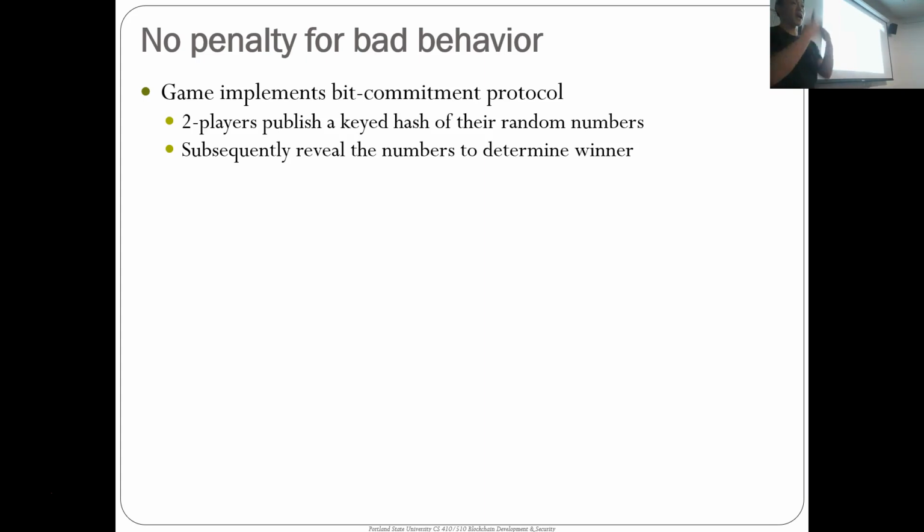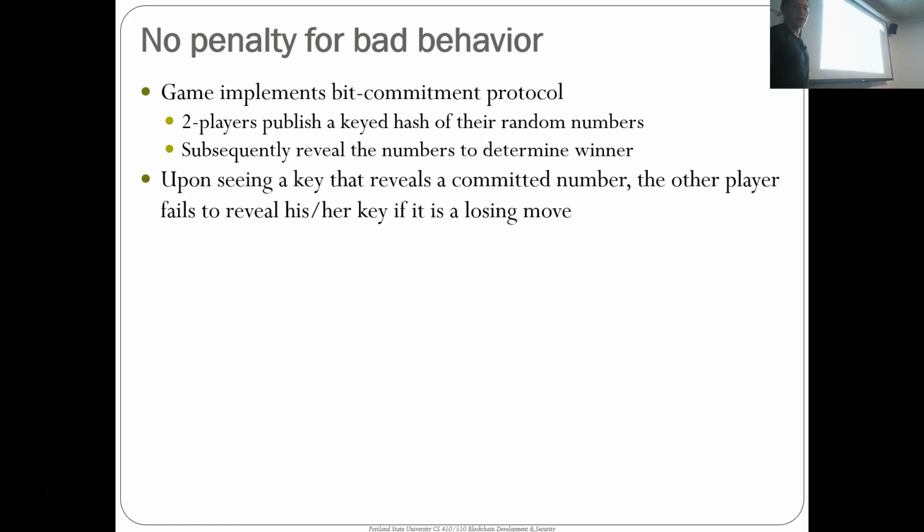And so after the hashes have been broadcast, you can then reveal your random number, and everybody knows that yes, you committed to that. Okay? The problem here is that someone has to reveal their random number first.